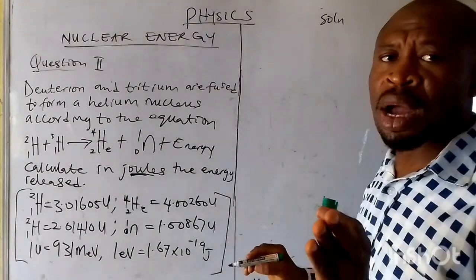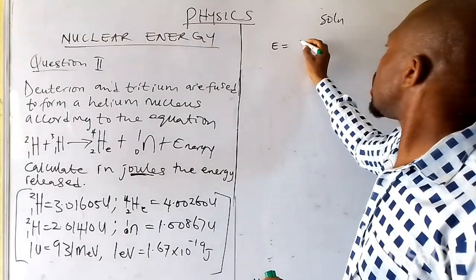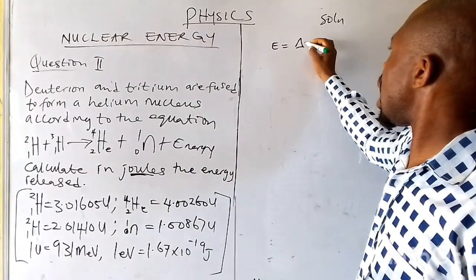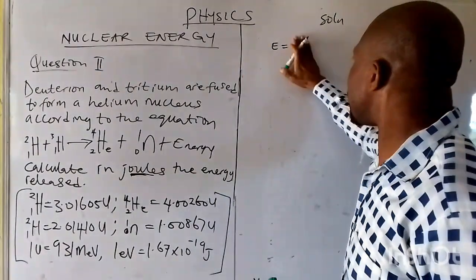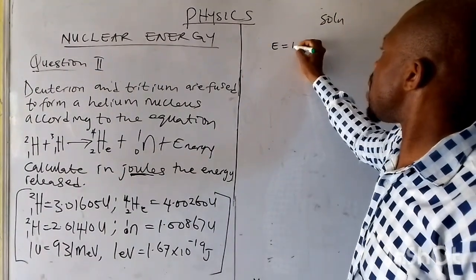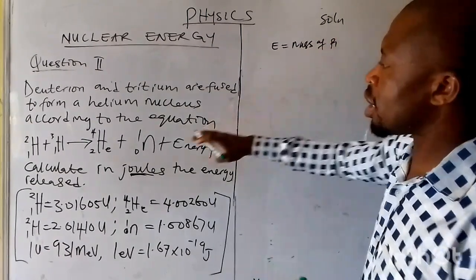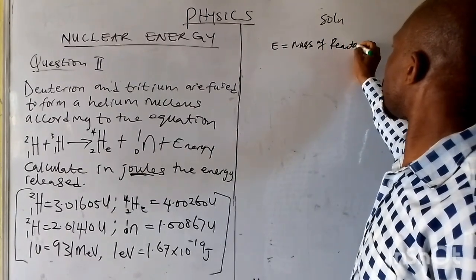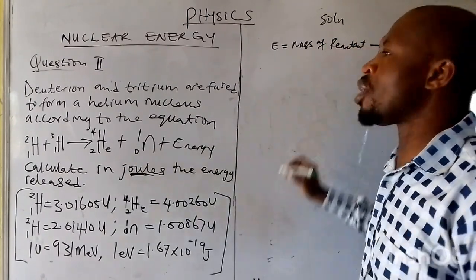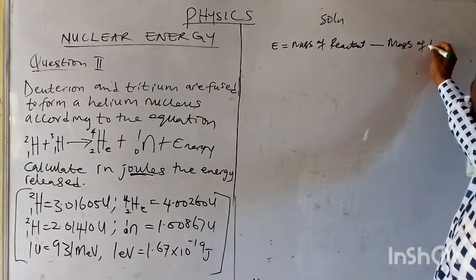As usual, E is delta M, and then there is no C in this case now. So we now have that, yes, we have a mass of reactant minus mass of the product.